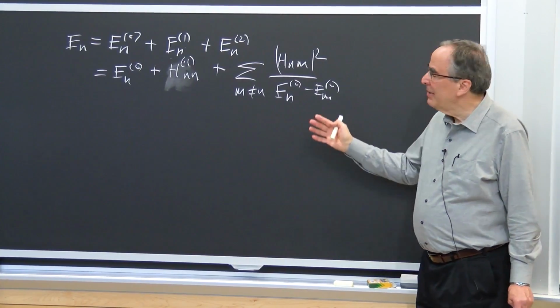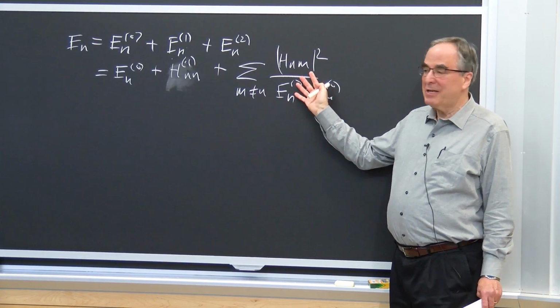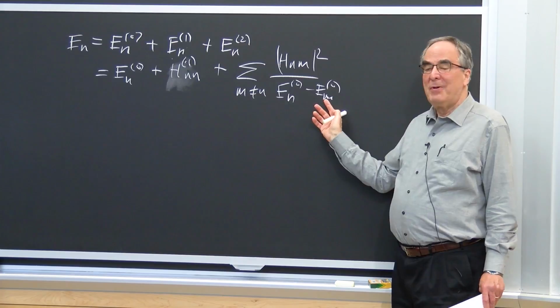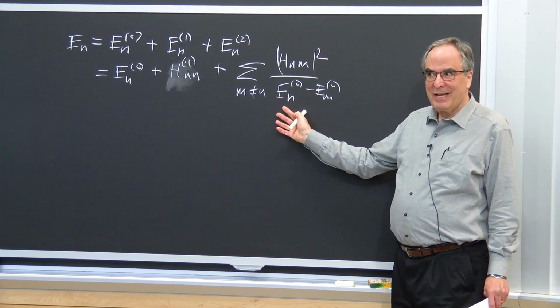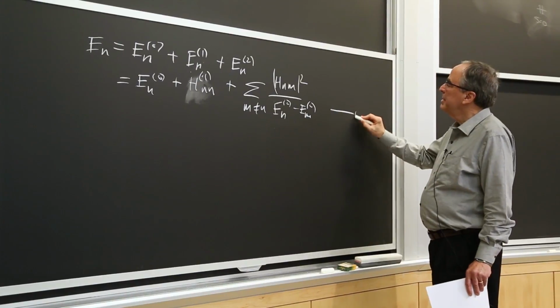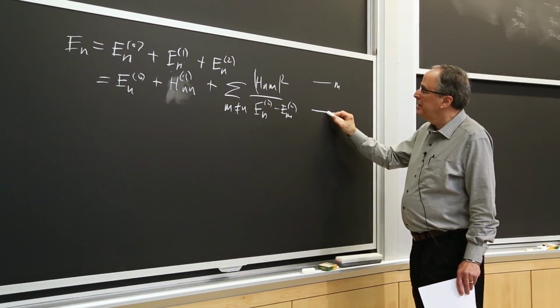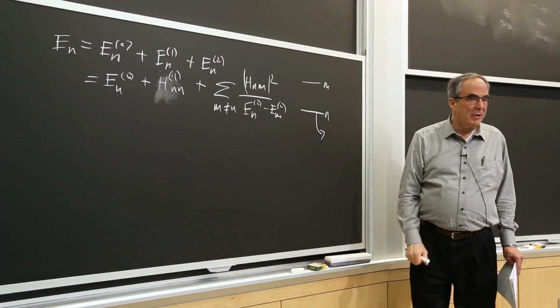Now, the only thing that you might forget about in this kind of a formula is, is it n before m or the other way around? And what we know is, okay, here's the nth level, and here's the mth level, and the interaction causes this level to be pushed down.